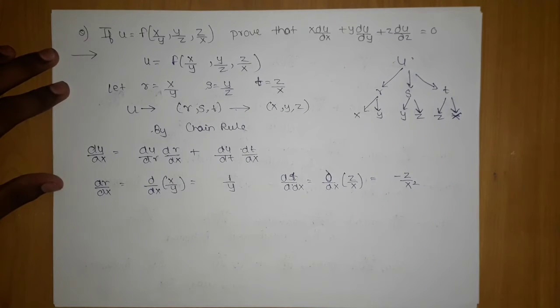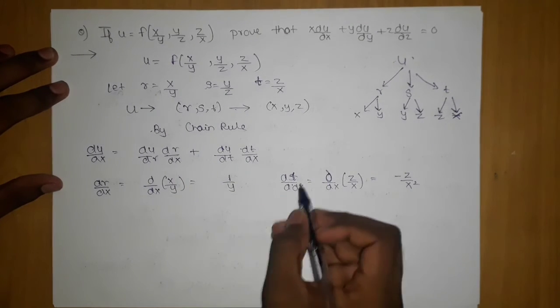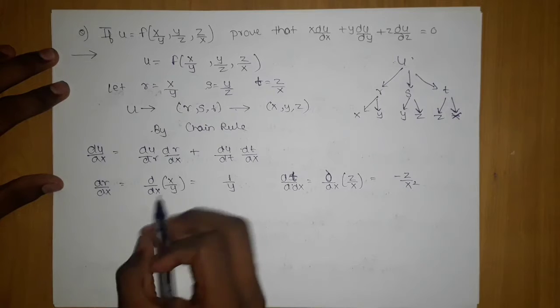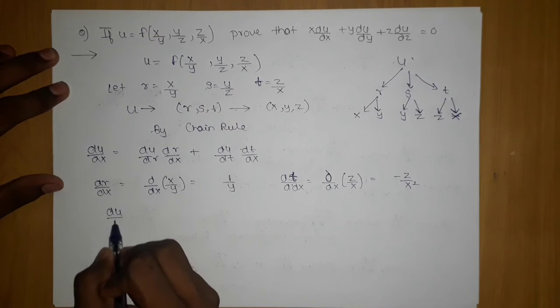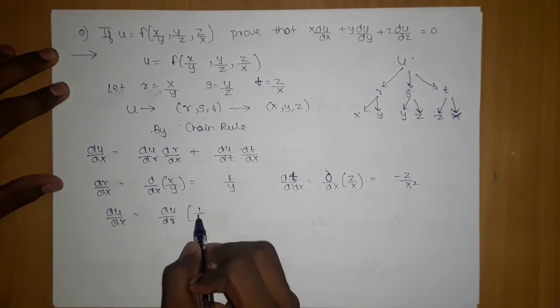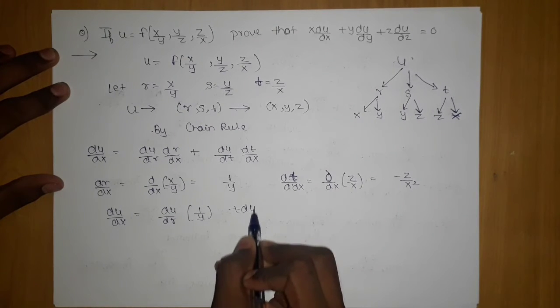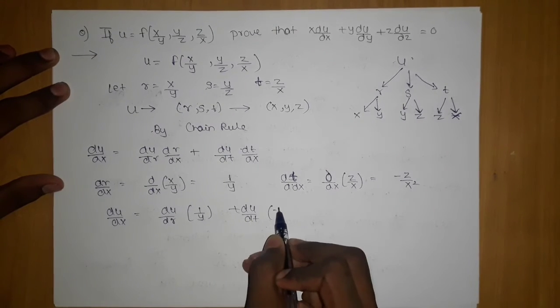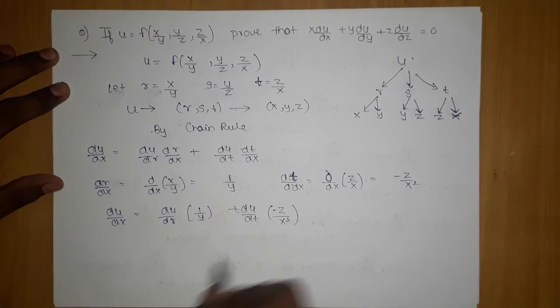If I substitute the values, what am I going to get? ∂u/∂x equals ∂u/∂r into 1 by y plus ∂u/∂t into minus z by x square.